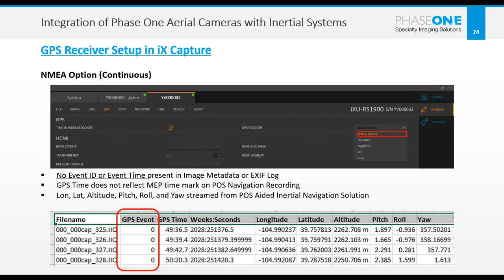So for this case, when we select NMEA device, having the camera wired from the POS, we are not obtaining an event ID. Neither does the GPS time that we can see in the image below have any relation with the mid-exposure time mark.